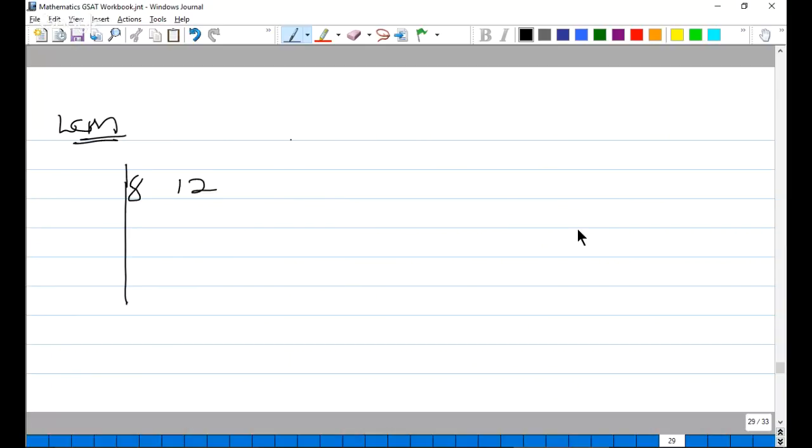Let's look now at the multiples of 12. 12, 24, 36, 48, 60. Then 72, 84, 96, 108, and 120.